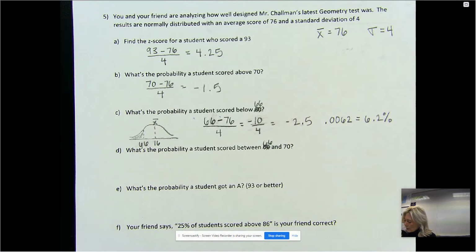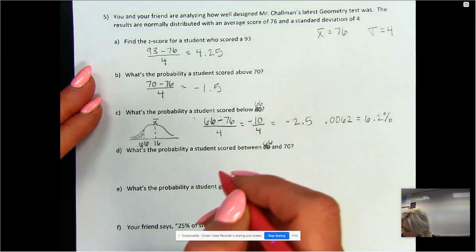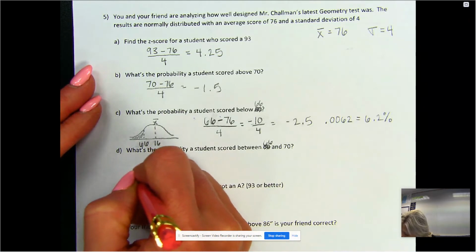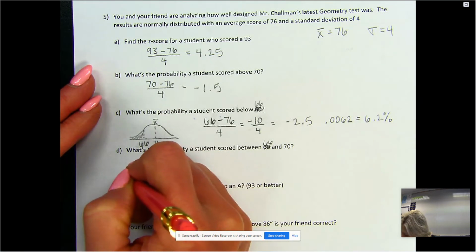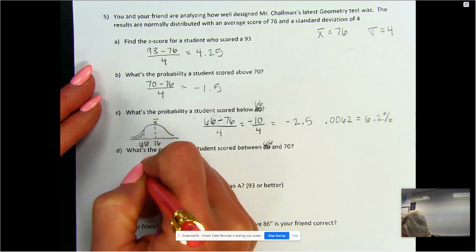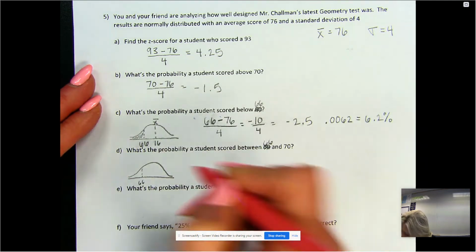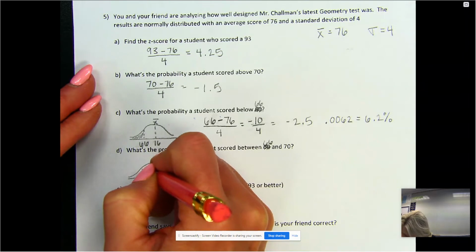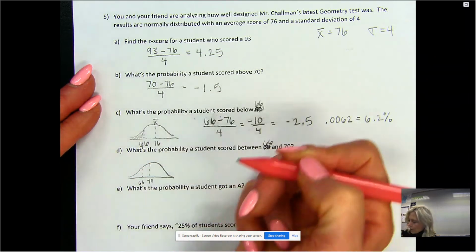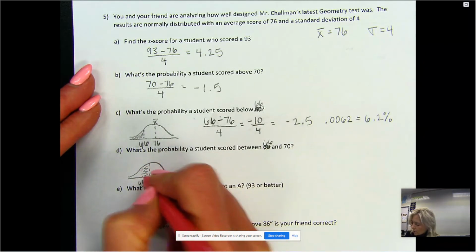Okay, next is between a 66 and 70. So we already just figured out this part. I know this part. So then if we find the 70, then we're going to subtract to figure out what's between them.